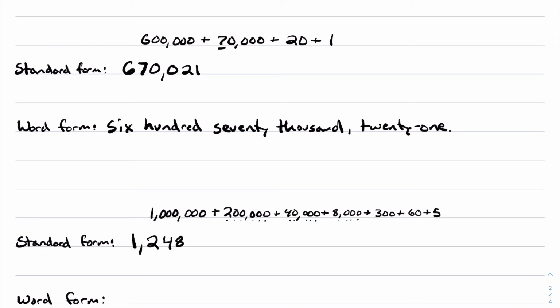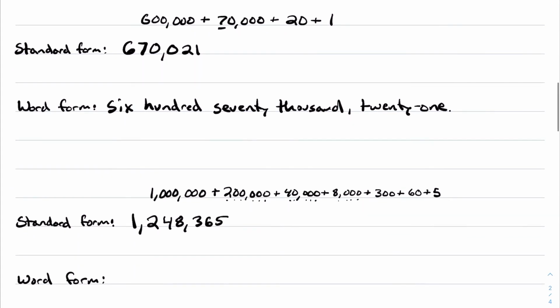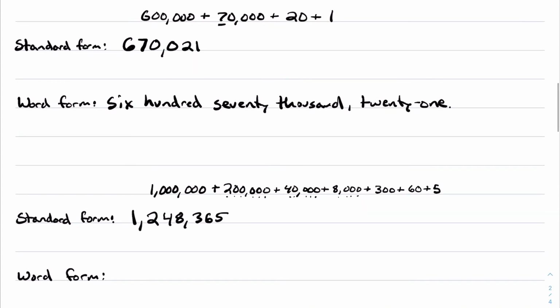So now we have those 3 in our thousands period. We can get our comma there. And then we have 300 plus 60 plus 5, and that's our hundreds period. So we get 1,248,365.